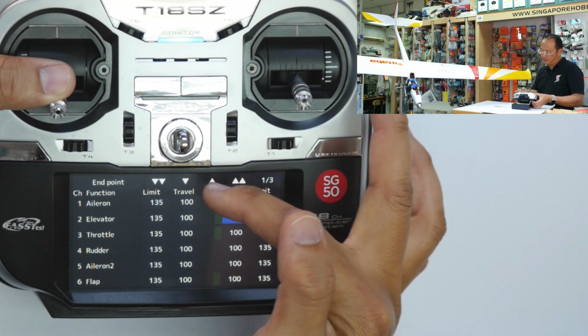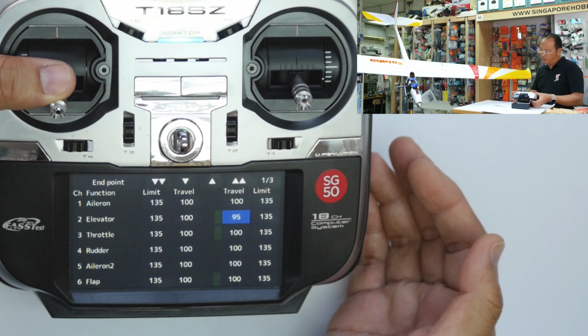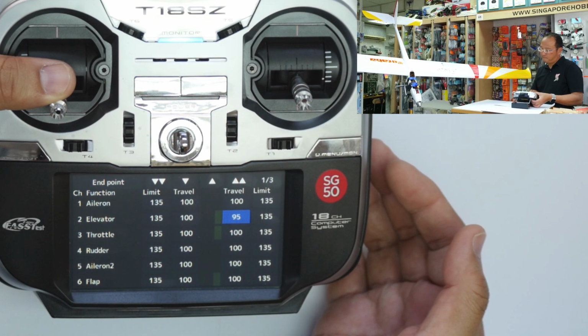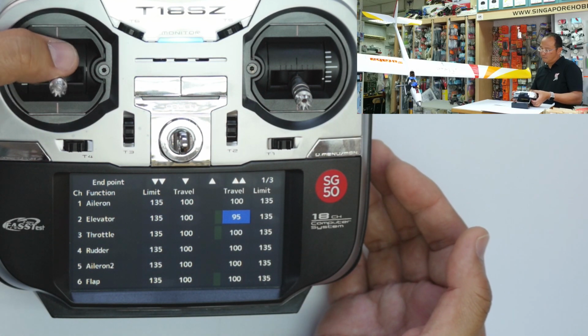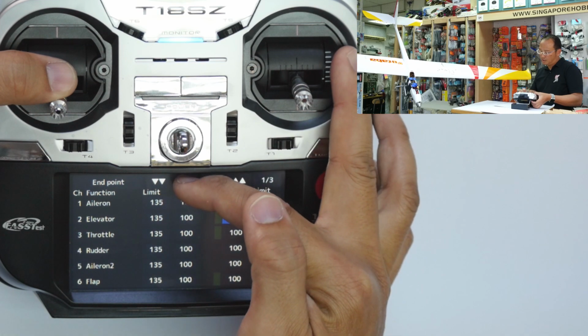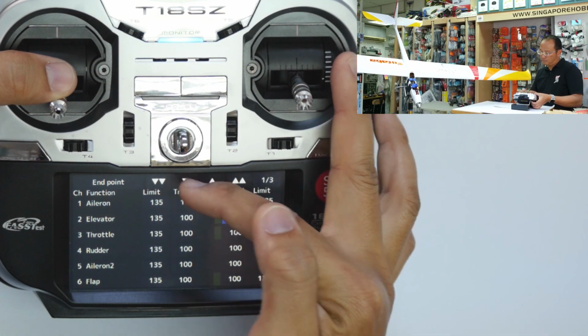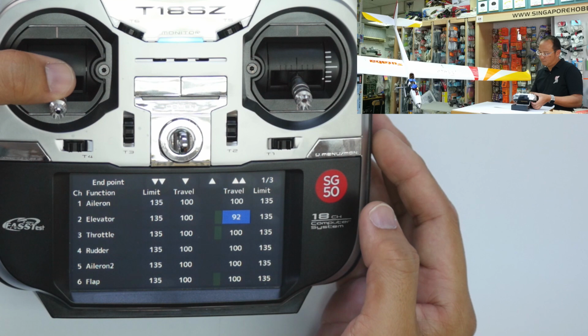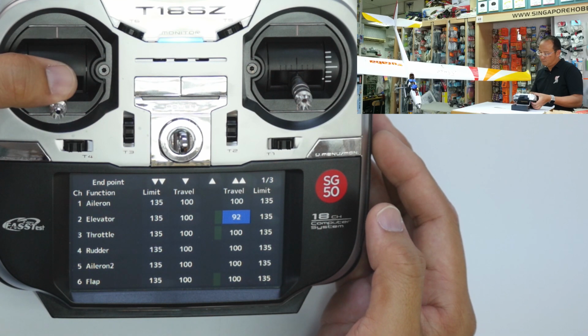The buzz is getting louder. Let's put it at 95. The buzz is still there. Let's continue to reduce it. Looks like the limit is 92.